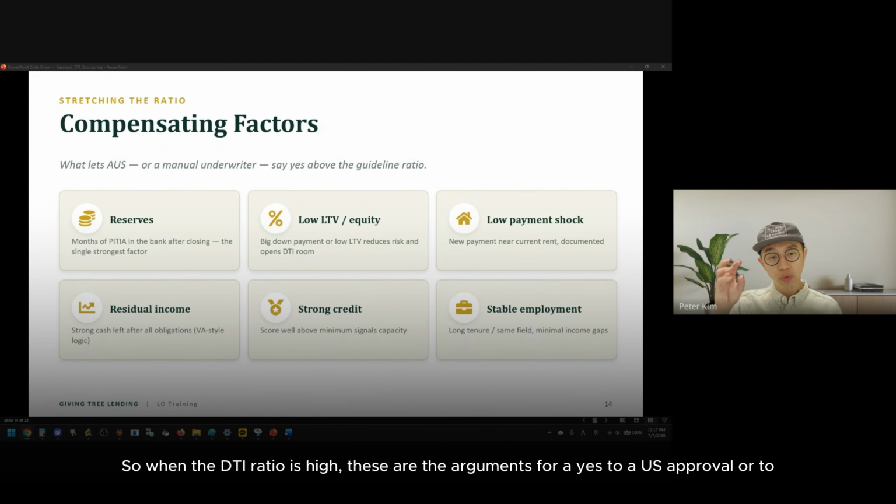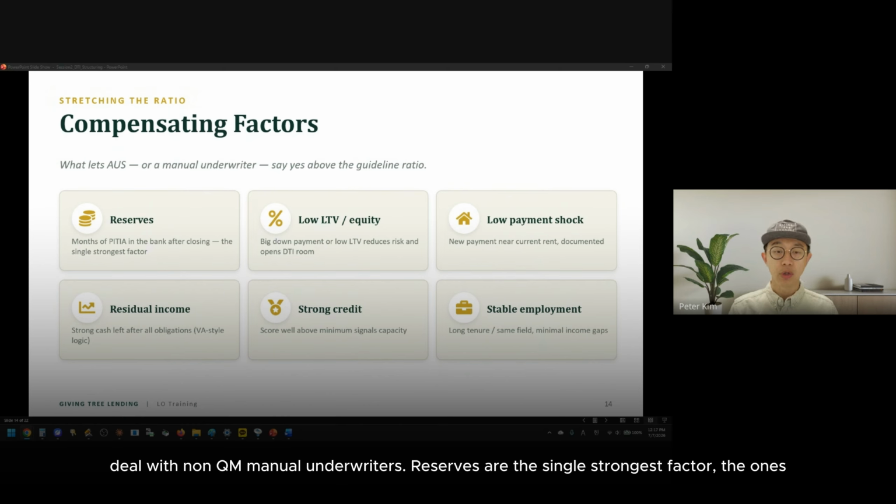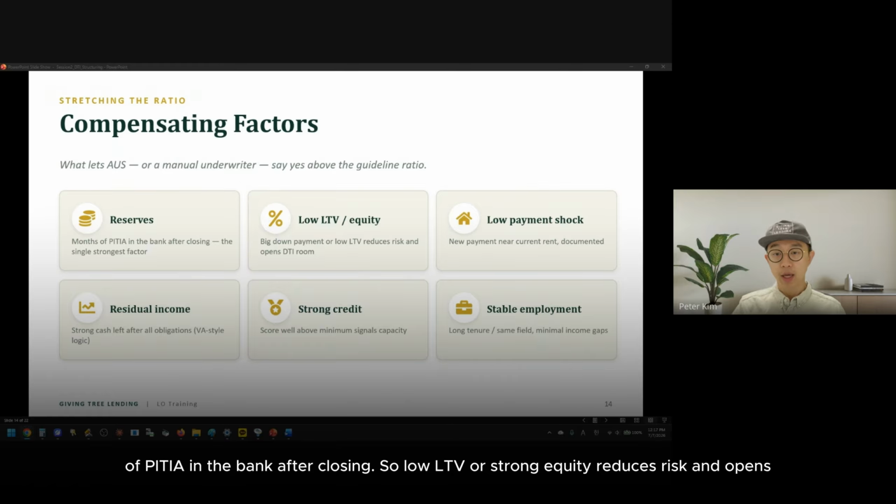So when the DTI ratio is high, these are the arguments for a yes from AUS approval or from non-QM manual underwriters. Reserves are the single strongest factor, months of PITIA in the bank after closing. Low LTV or strong equity reduces risk and opens up the DTI.